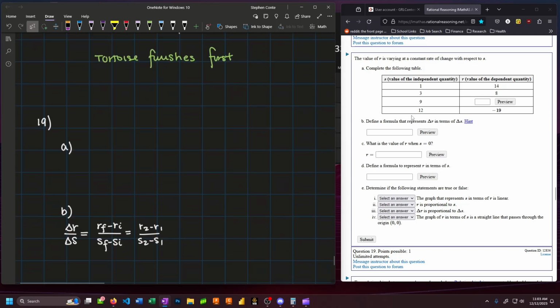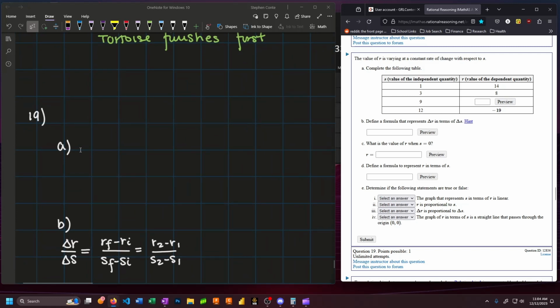Okay. So if we're told that the value of r is varying at a constant rate of change with respect to s, then we know that whatever the slope is between any two of these points is going to be the same between any other two points. So I can just take the slope here between 8 and 14 and 3 and 1, and that'll be the same as the slope between 8 and blank and 9 and 3 and negative 19 and blank and 12 and 9, or negative 19 and 14 and 12 and 1.